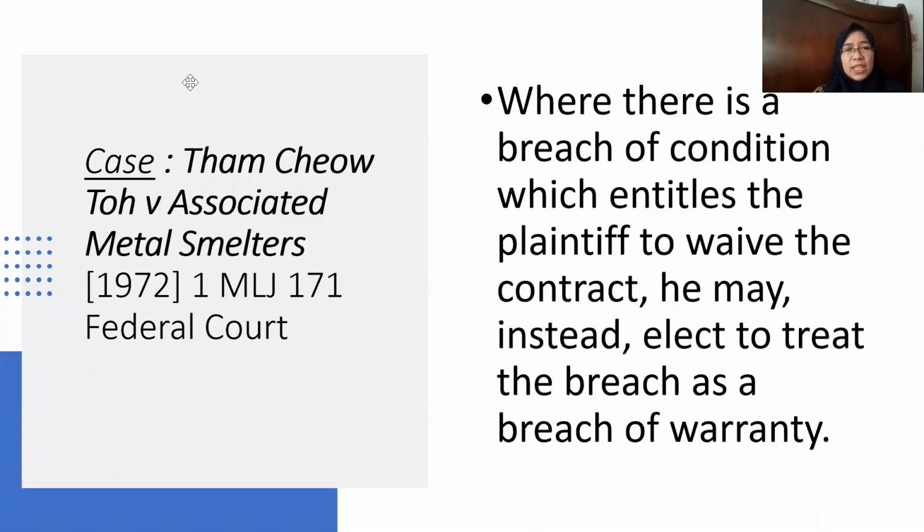We have a local case report. This is very important because of the decision by the federal court. The case name is Tam Chio To and Associated Metal Smelters, a 1972 case. It involves the sale and purchase of a certain melting furnace to melt aluminium or alloy.